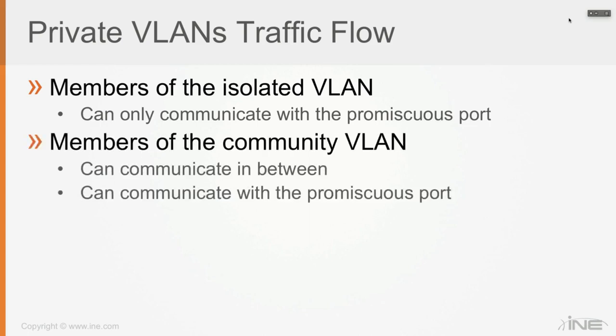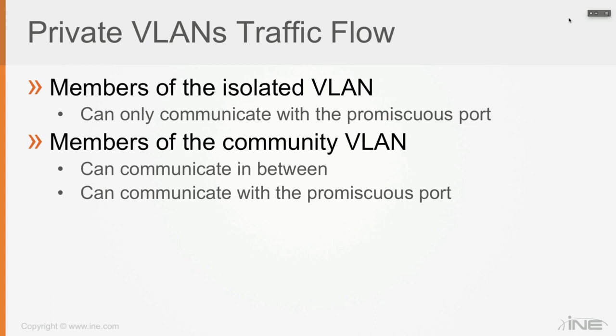Members of the community VLAN can communicate in between, so two devices connected to the same community VLAN can communicate with each other. That's why it's called a community VLAN. It's a community, which means it has multiple members, and the members of the community can speak with each other.